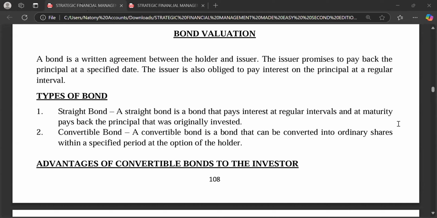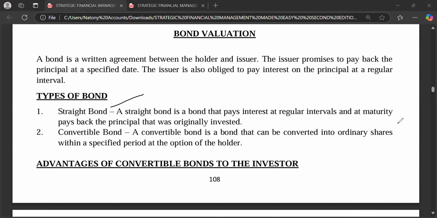When a company has a project that requires a huge sum of financing, the company may decide to issue bonds to finance the project. So there are basically two types of bond that you will come across in your exam: the straight bond and the convertible bond. For the straight bond, there's no option for conversion.